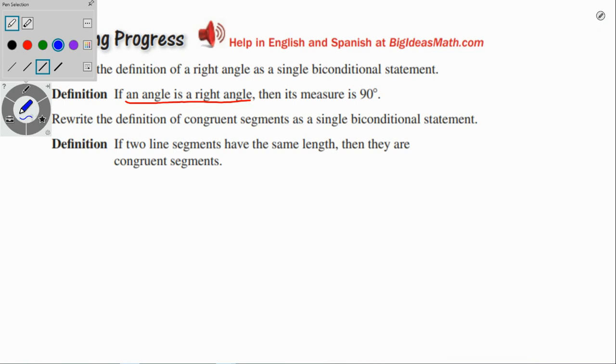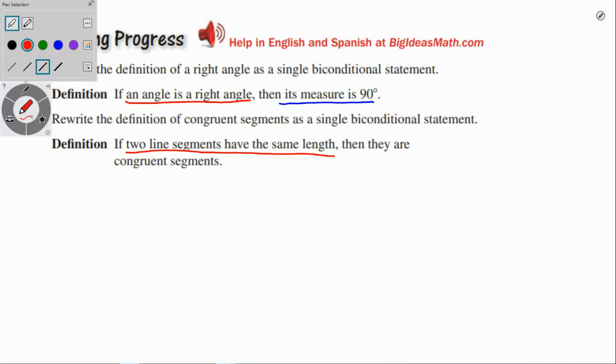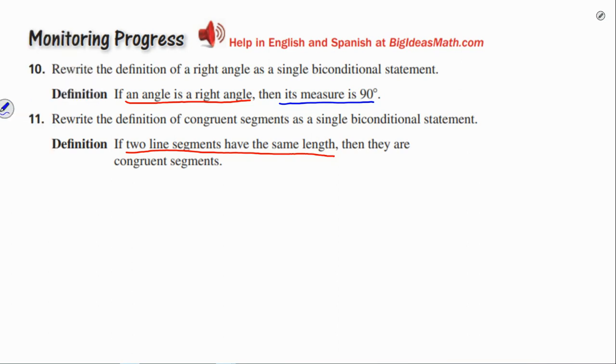So its measure is 90 degrees is the conclusion. For the second one, if two line segments have the same length, that is the hypothesis, and then the conclusion is they are congruent segments. So I'd like you to rewrite both of those definitions as a single biconditional statement.